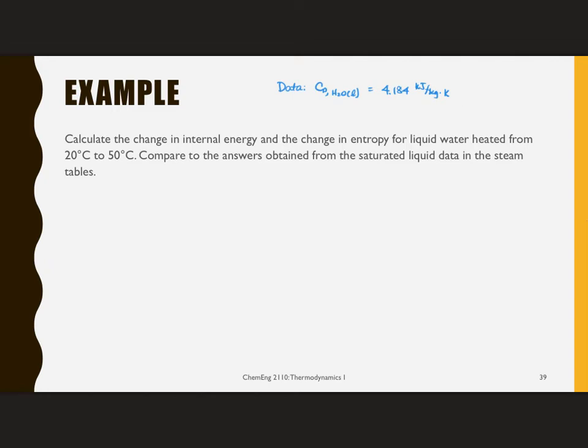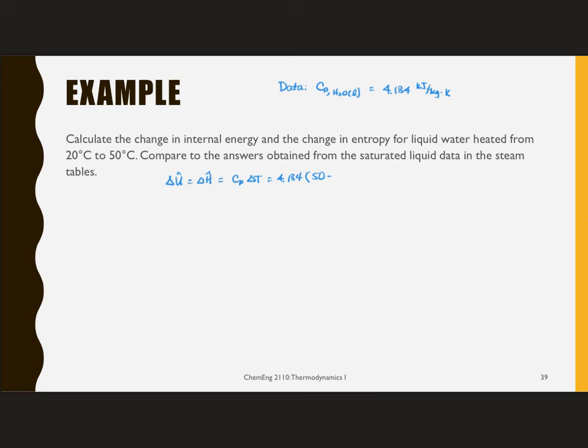If I calculate delta u or delta h, this is going to be c sub p times delta T, or 4.184 times 50 minus 20. 4.184 is kilojoules per kilogram Kelvin.